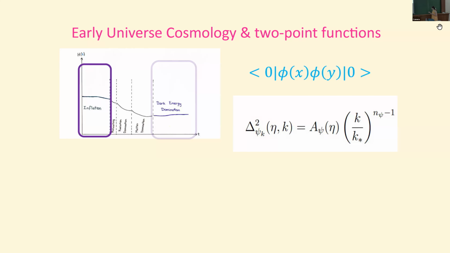There is a way to format this like a cookie cutter. Overall, there will be some amplitude of these correlation functions. And here, k, we have gone from position space to momentum space via Fourier transformation. So there will be a piece that keeps track of scale dependence, and we can frame this as an exponent.